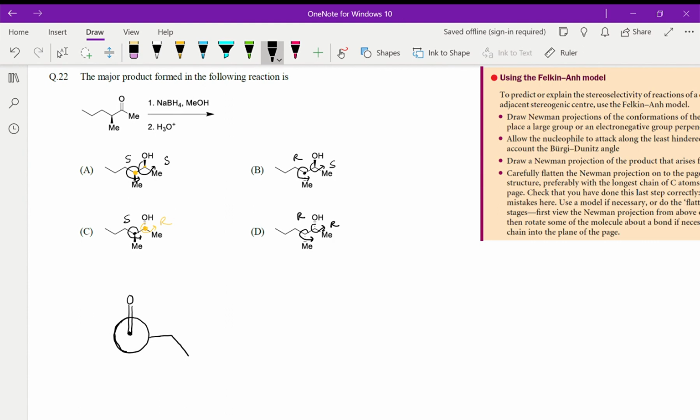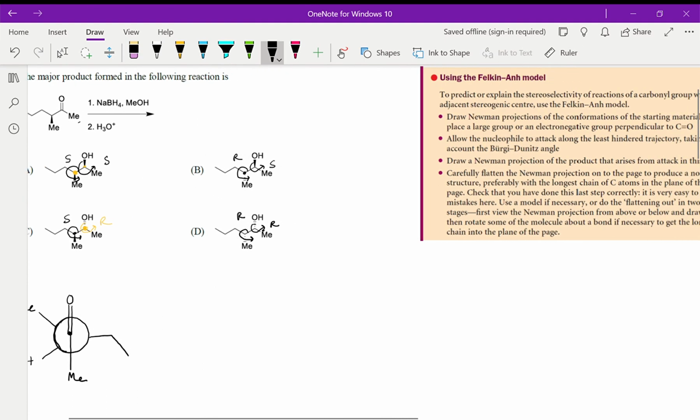Okay, and then we have the methyl, which is connected to the carbonyl group, which is that one, and then we place the medium sized groups, that is Me, like this, and the H like that.